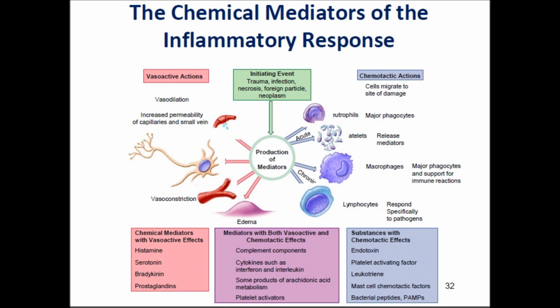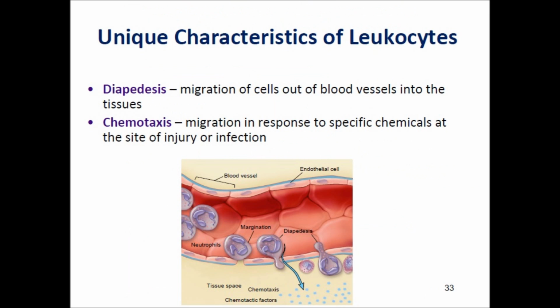Chemotactic means there's a signaling molecule that allows other cells to move into a specific area. Chemotaxis would be a specific substance signaling the move to a specific area, which is the area where you expect the most microbes to be.